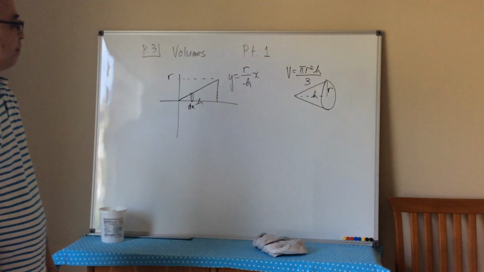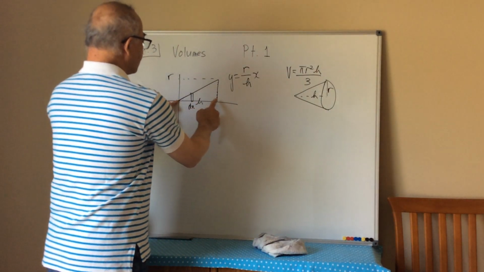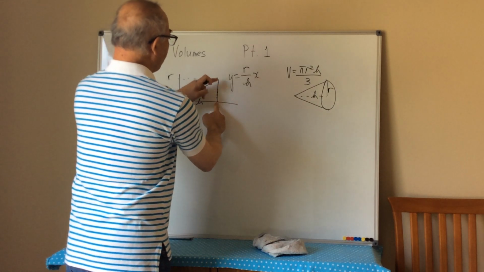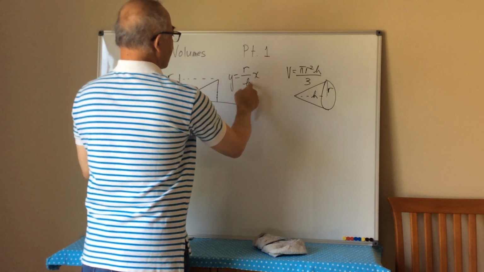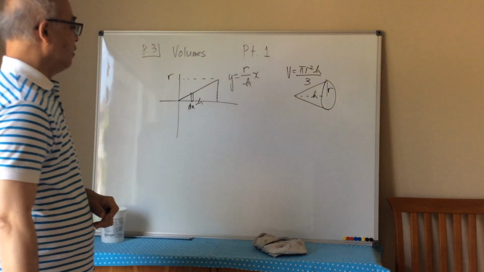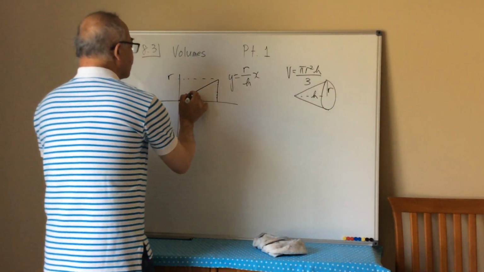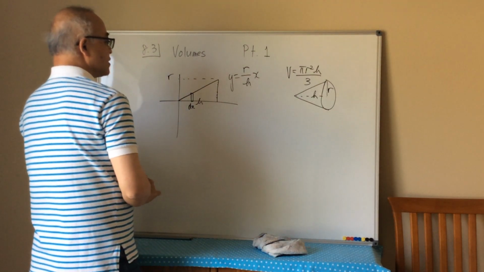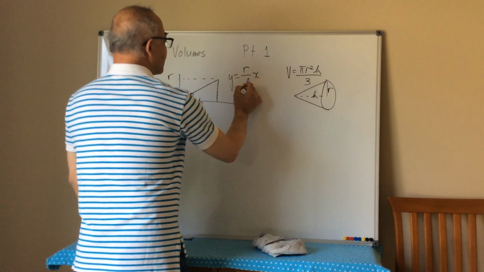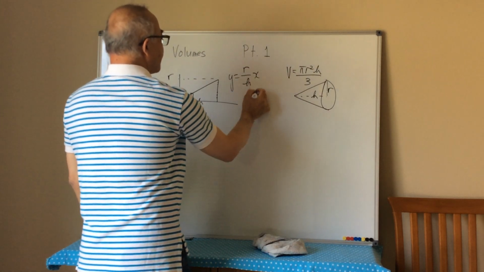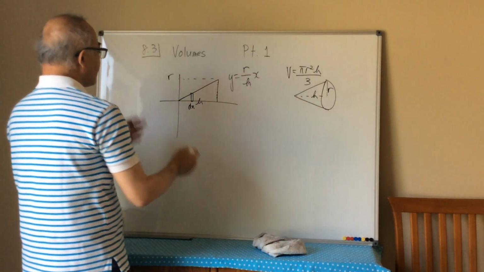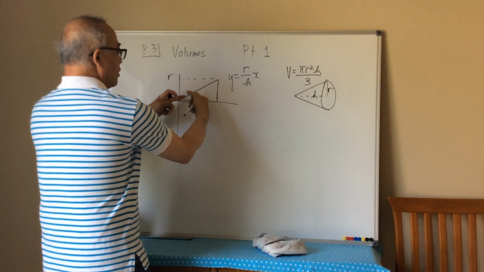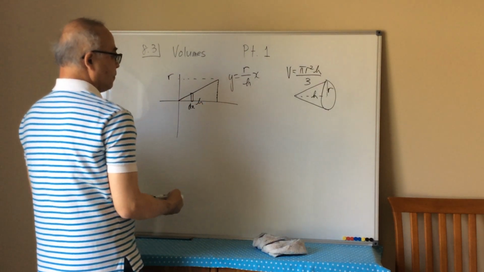When x is equal to h, I get r. When x is equal to h, the h's cancel out, and I get y is equal to r. Whatever x is, we put x in to find the radius for when I rotate this around.